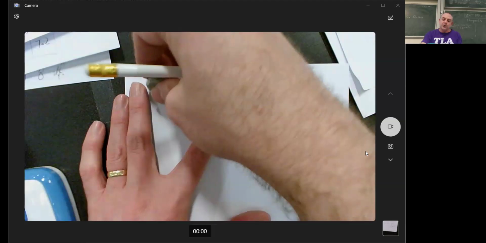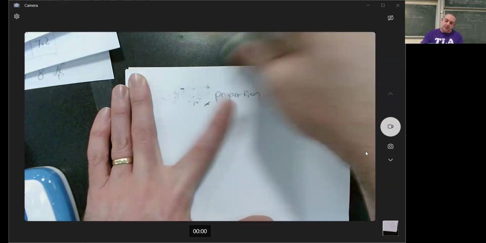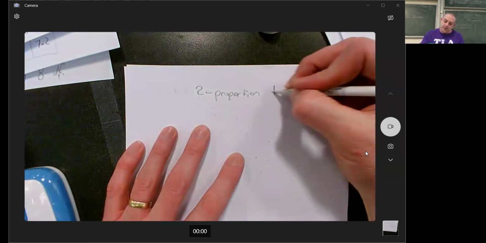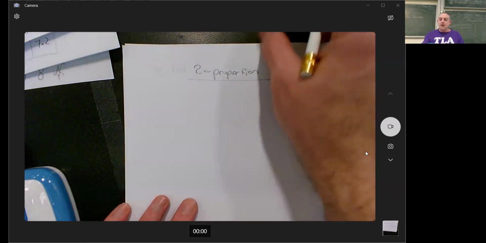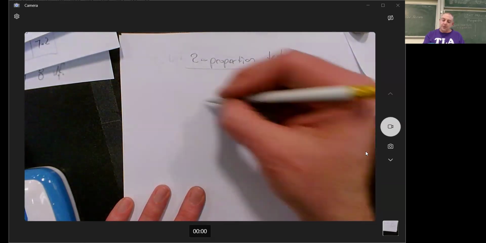The 2 proportion test is also designed for this situation.